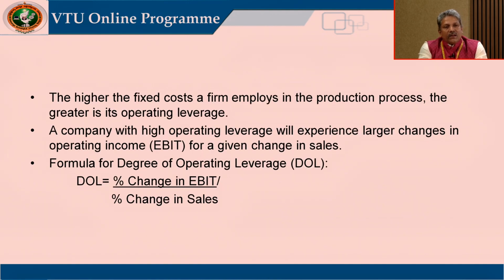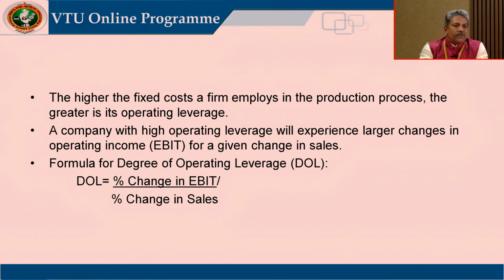Now, the higher the fixed cost a firm employs in the production process, the greater is its operating leverage. So, if higher fixed costs are there, the operating leverage will be high. This concept has already been discussed in detail. A company with high operating leverage will experience larger changes in operating income for a given change in sales.